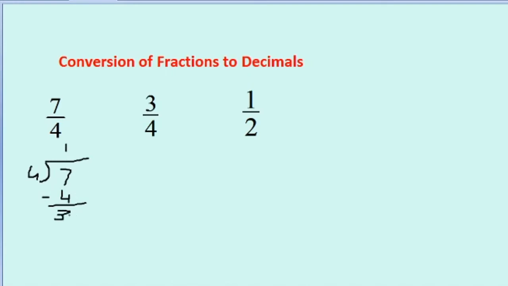The remainder is smaller than the divisor, so we put a point here and take a 0. Now 4 sevens are 28. 30 minus 28 is 2. Again, based on this decimal point, we write a 0 here. 4 5s are 20. The remainder is 0.